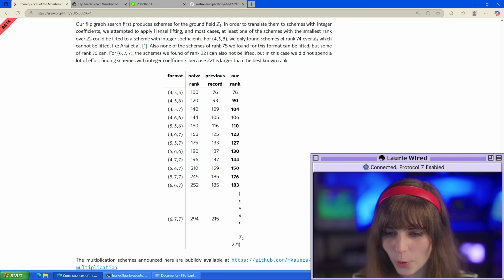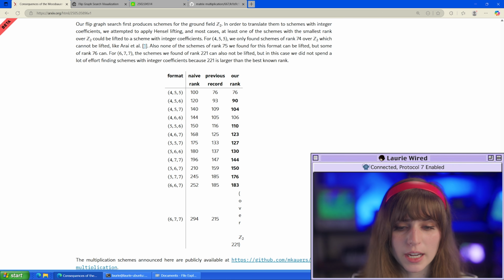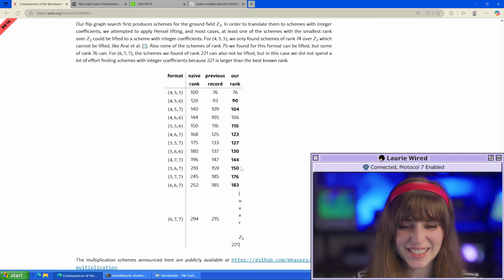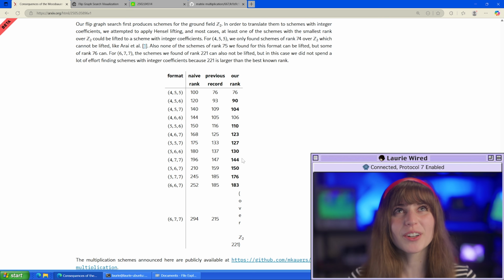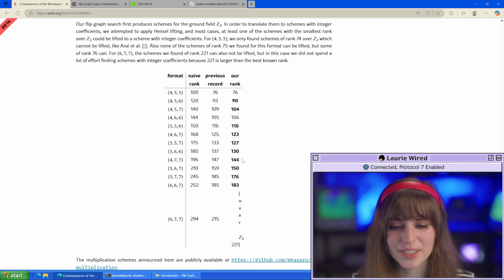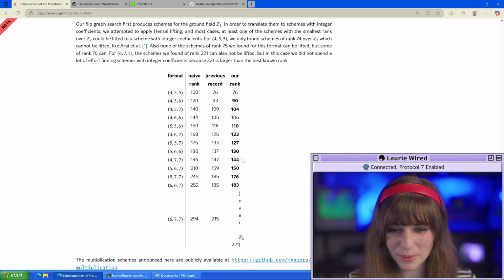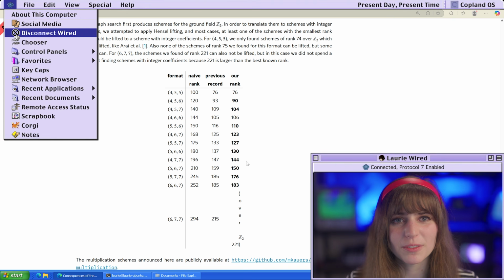You can see for a 5, 6, 7 n, m, and p value, we go from a previous record of 159 to the current record with this of 150. So that's 150 multiplication operations, cutting down by 9 total operations. And that's actually pretty impressive. They were able to compete with the previous records for not an insane amount of compute time here.